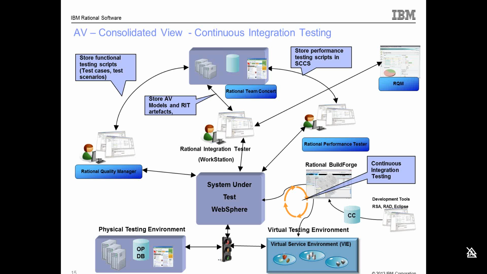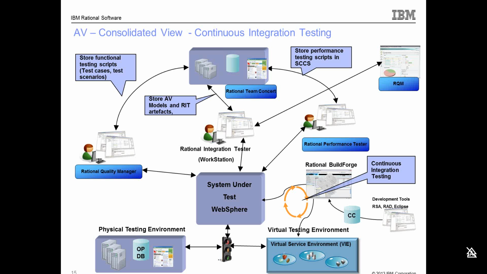You can then integrate that with RQM, which would be a quality management solution. It would be the place where your test plans and your test cases are all stored, and you have an entire testing architecture defined there. Simultaneously, you can use the performance tester to run performance tests against your application under test.